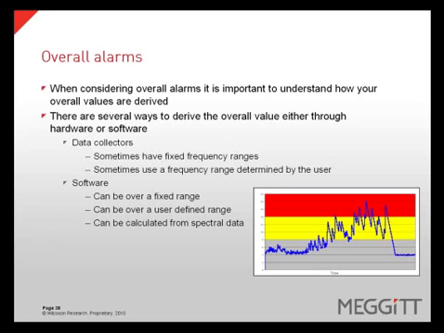When using the data collector hardware, the overall may be calculated using a fixed range determined by the data collector, or sometimes the user can determine what the frequency range to be used. When the software is used, the range is typically a bit more flexible. It can be set to the full range of the measurement or a specific range defined by the user. Often the software overalls are calculated from the spectral data. Each method of collecting the overall vibration value has its advantages and disadvantages.